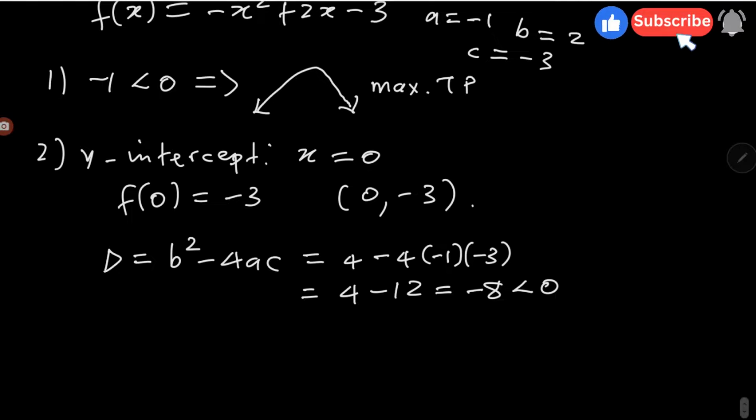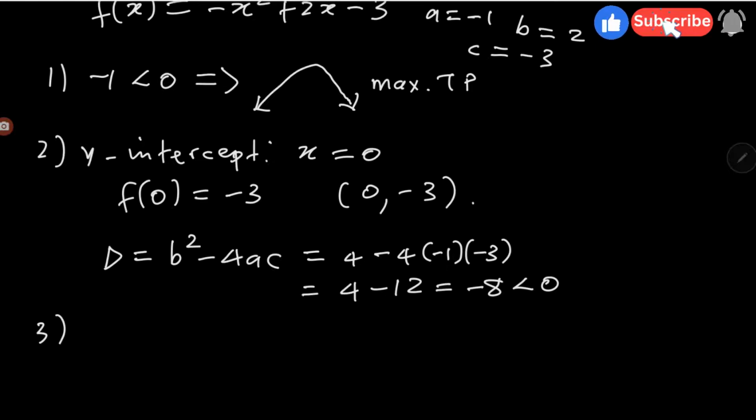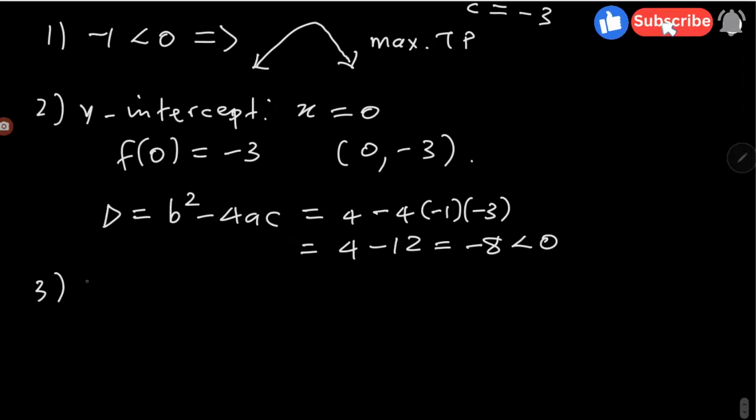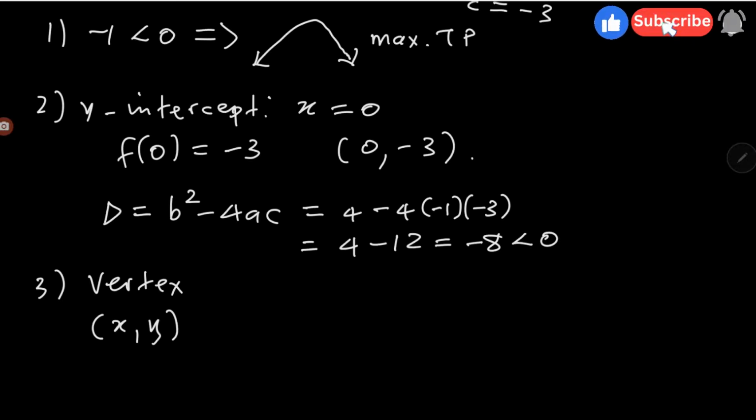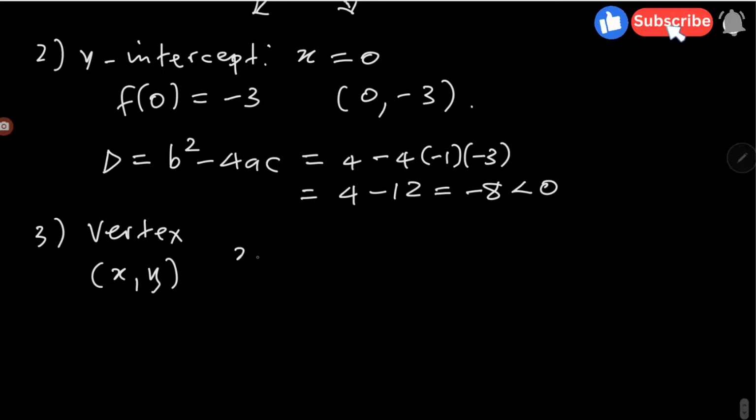So from finding this, we just need to now look at the turning point itself, or the vertex. So the vertex here is a coordinate as well, x, y. So we find x by minus b over 2a.